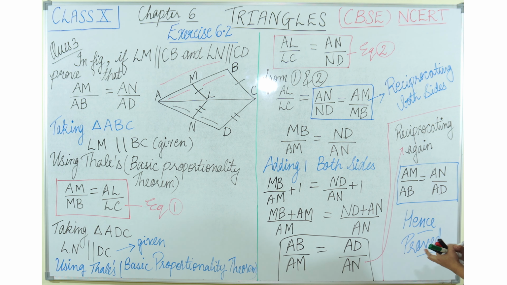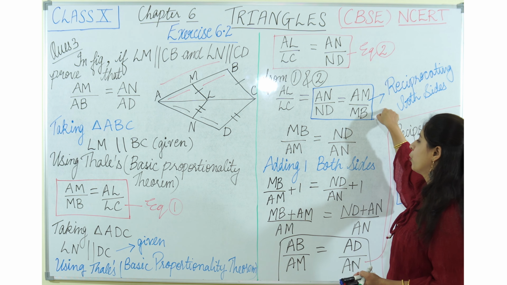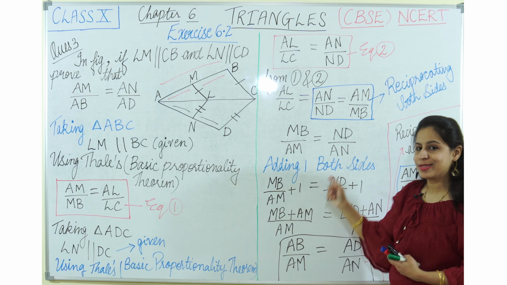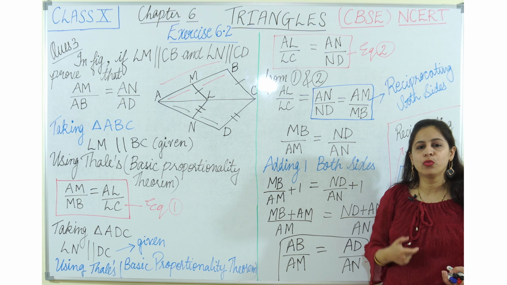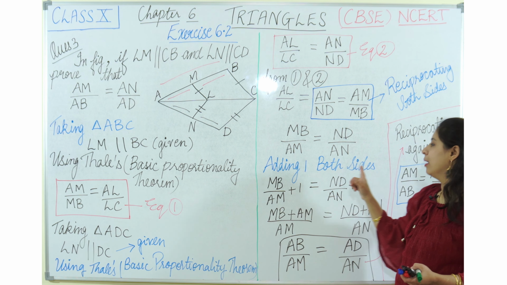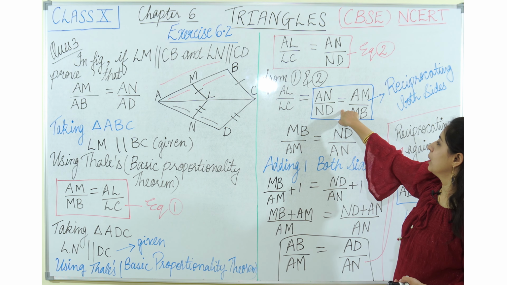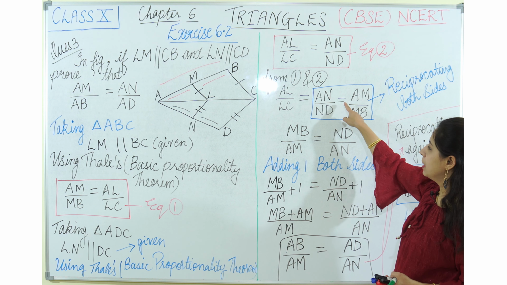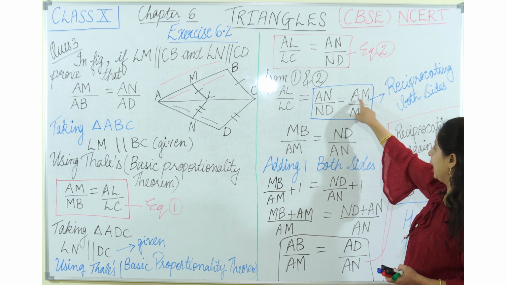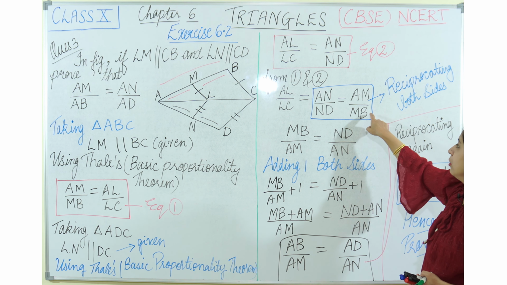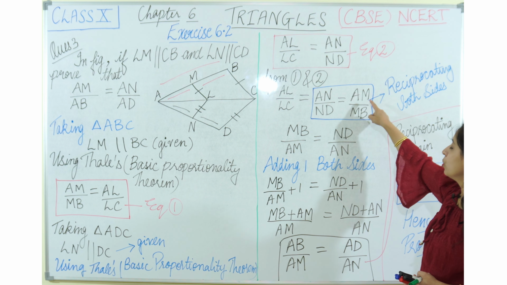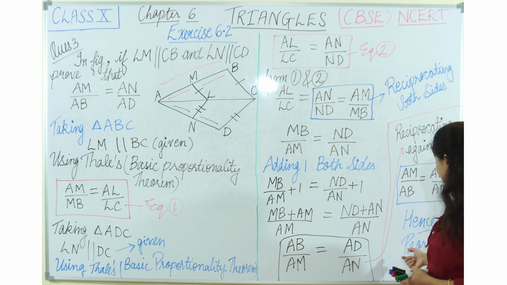Just remember that you need to reciprocate here. If you do not reciprocate, and directly add 1, it will come out as AN plus ND upon ND and AM plus MB upon MB, so you will not get the correct proof.